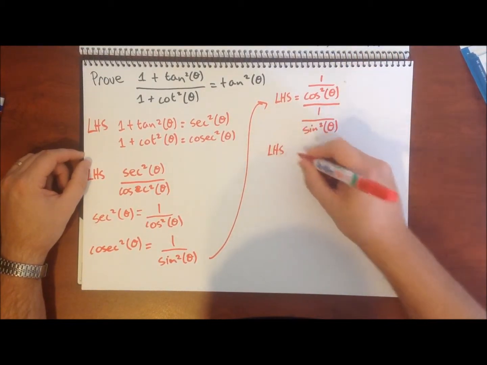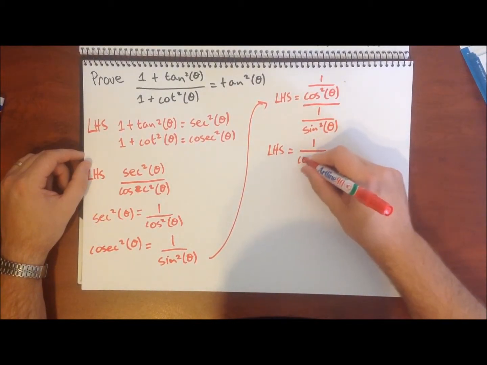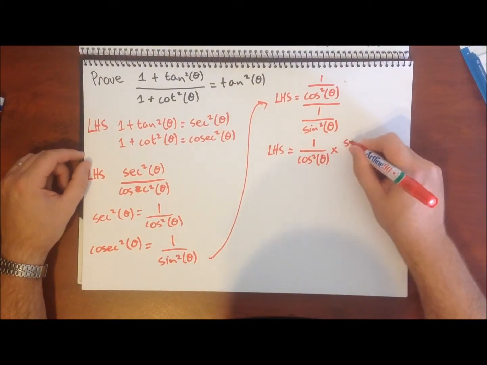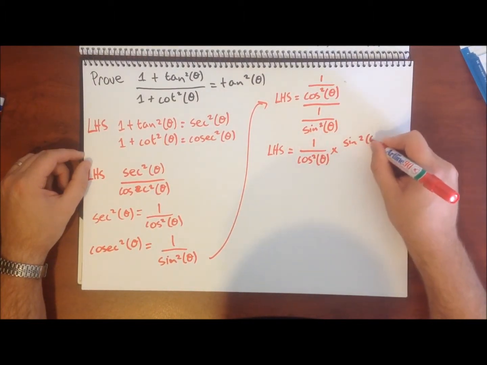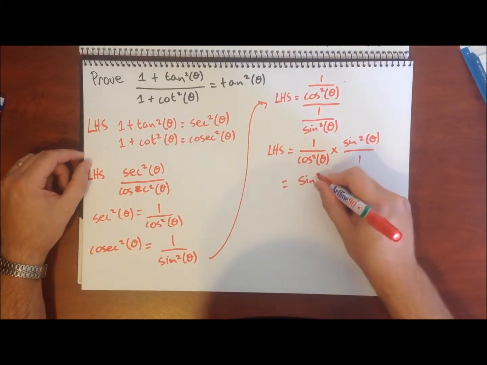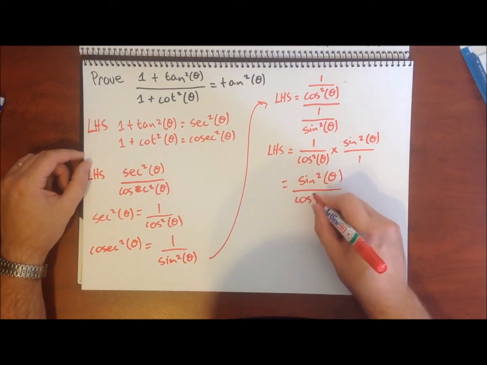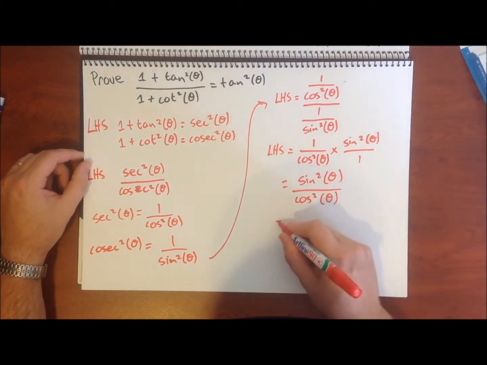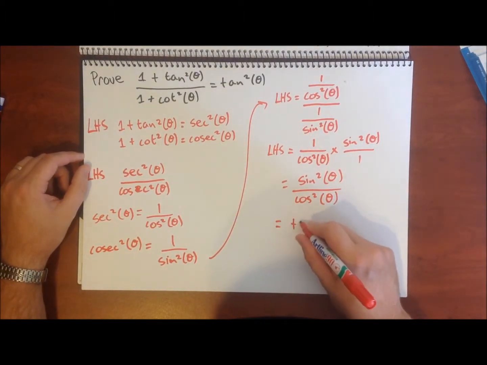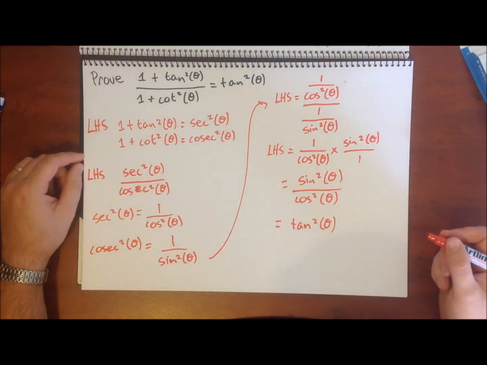Remember that is just flip and multiply. So we've got 1 on cos squared theta times by sine squared theta on 1, which gives us sine squared theta over cos squared theta. Sine on cos is tan, which means sine squared on cos squared is tan squared theta, as required.